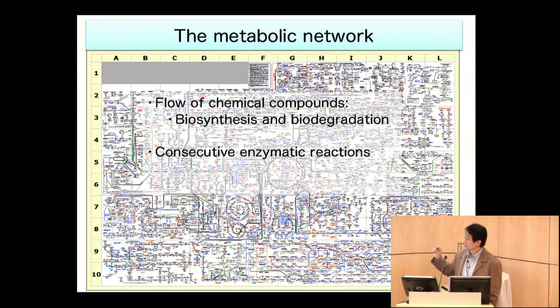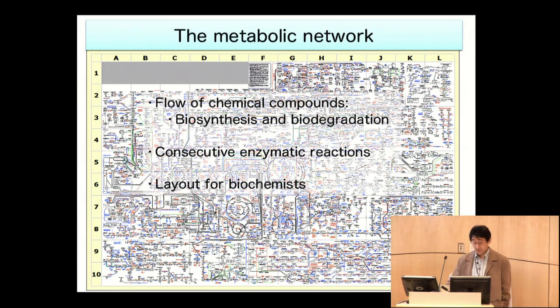This also shows the consecutive enzymatic reactions, so you can see which enzymatic reactions work together to produce some biochemical compounds. Another important issue is the layout of these networks.